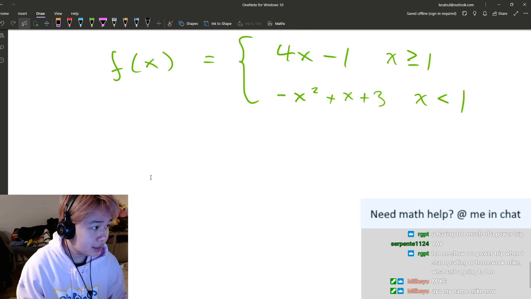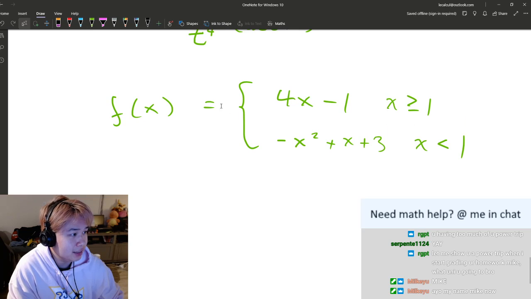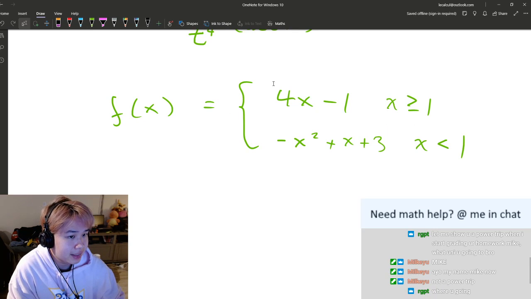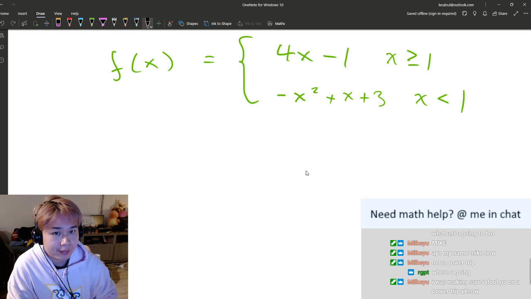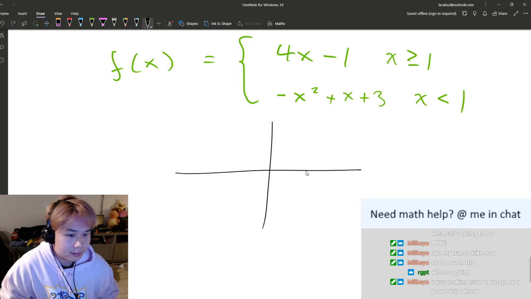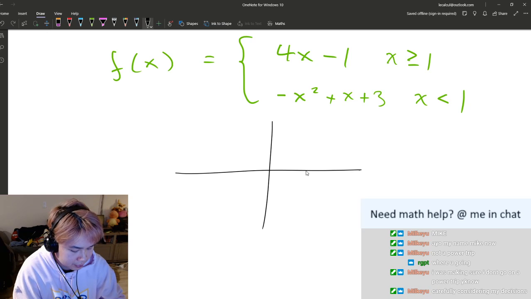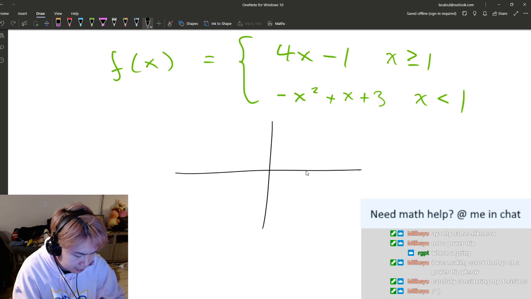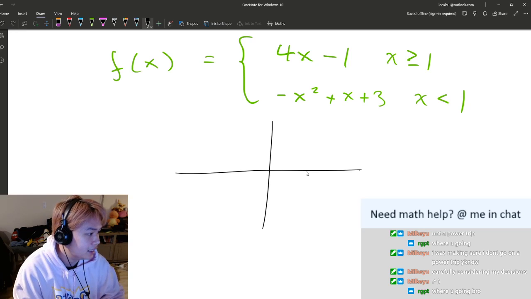Okay, so this question has, again, some prior learning. You need to know what continuous means, sort of. So basically, this function is split up into two parts. And I think I copied the question wrong. So let me just double check it. Okay, guess not.